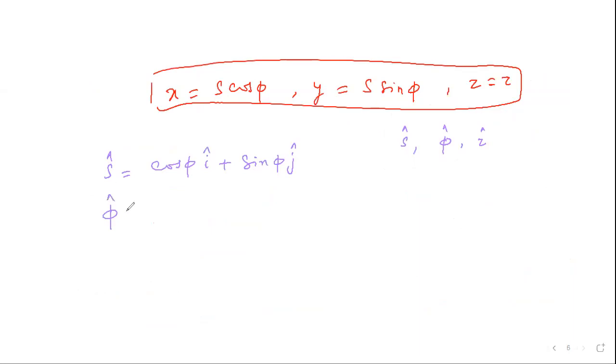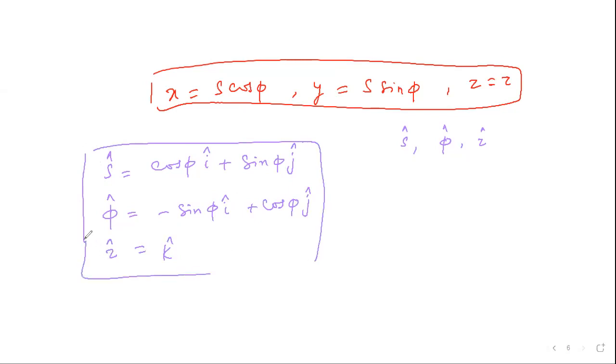Phi cap is minus sin phi I cap plus cos phi J cap, and Z cap is the same as K cap.